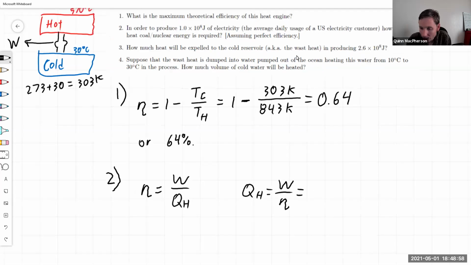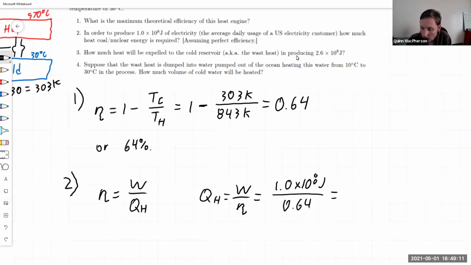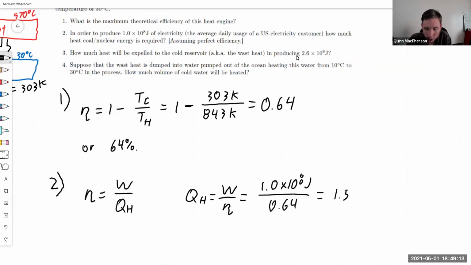The work we want out, the amount of electricity, is 1.0 times 10 to the 8th joules. Divide that by 0.64, and we get 1.56 times 10 to the 8th joules.